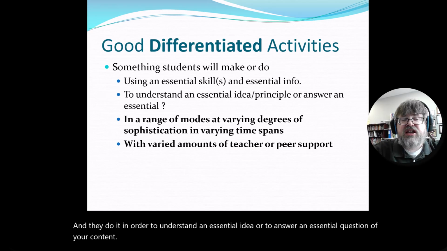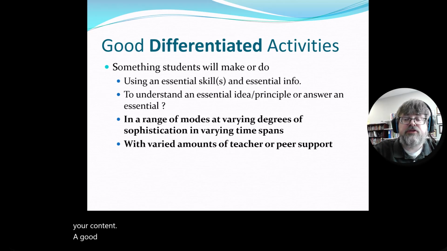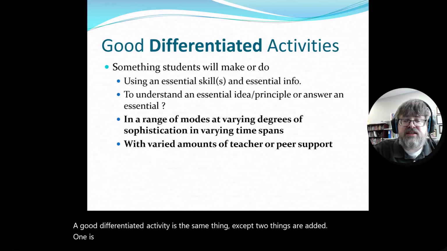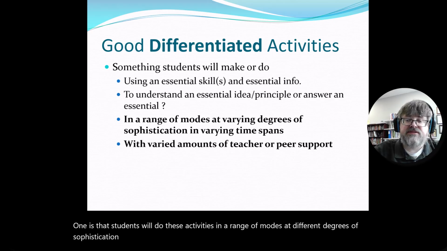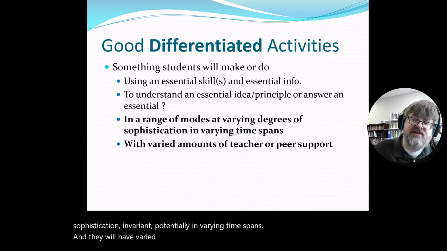A good differentiated activity is the same thing, except two things are added. One is that students will do these activities in a range of modes at different degrees of sophistication, potentially in varying time spans. And they will have varied amounts of support from others.